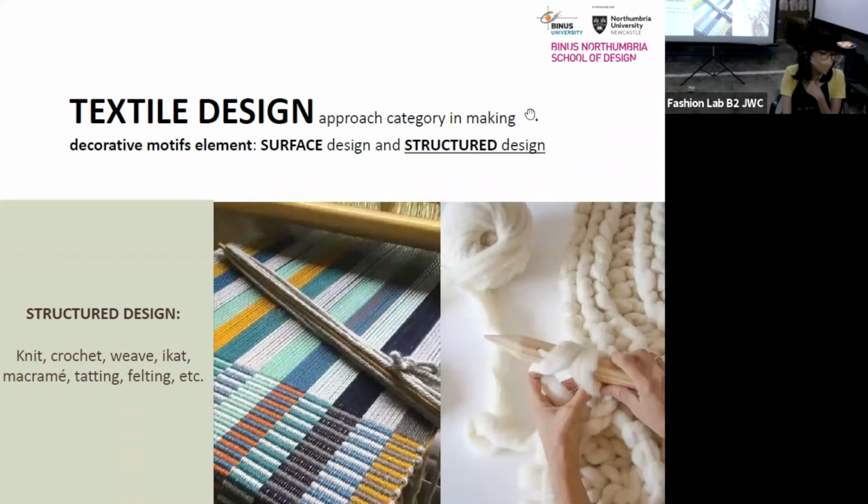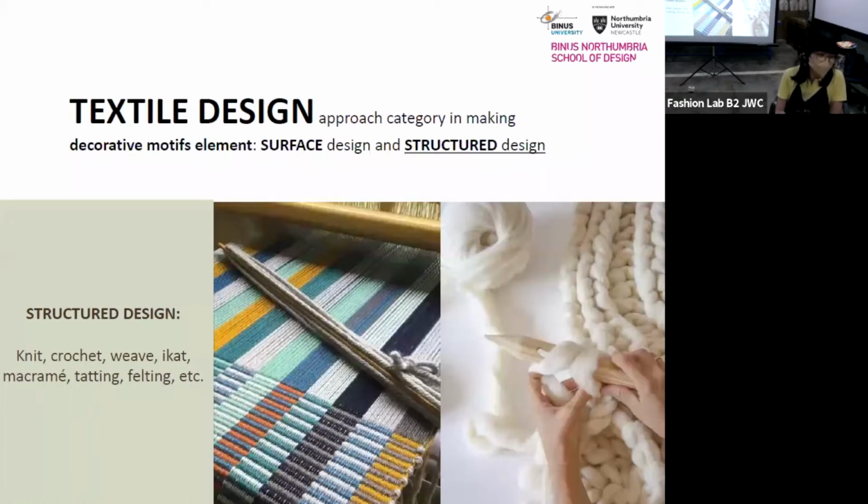So what's the basic difference between surface design and structured design? Please remember, because I will keep asking this question every time you enter the fashion textile class. The main aim is to create a decorative element, the motif, to create something unique, right?